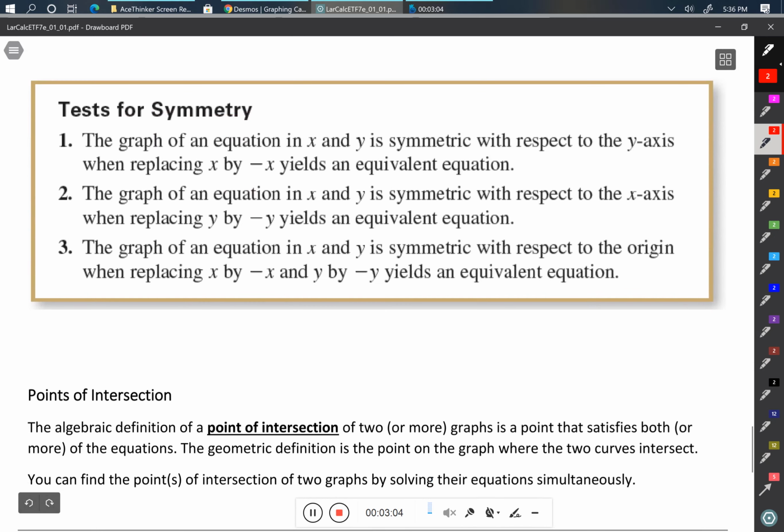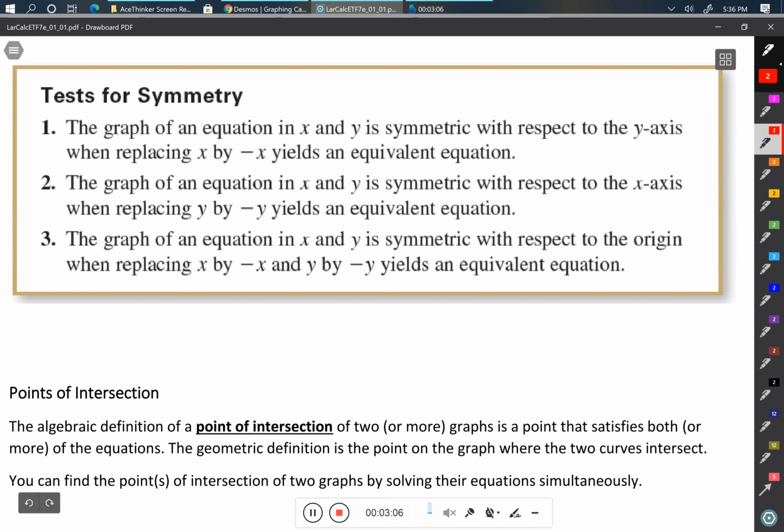There are tests for symmetries. To test symmetry of a graph with respect to the y-axis, you replace x with negative x, and if after you work out the mathematics of it and simplify it, you're back to the original equation, if it yields an equivalent equation, then you have y-axis symmetry, because x and negative x should give you the same y value.